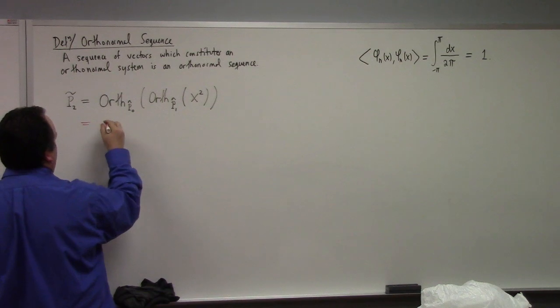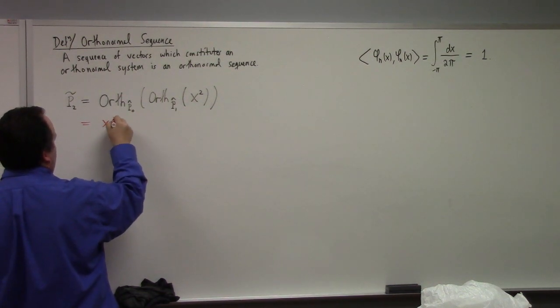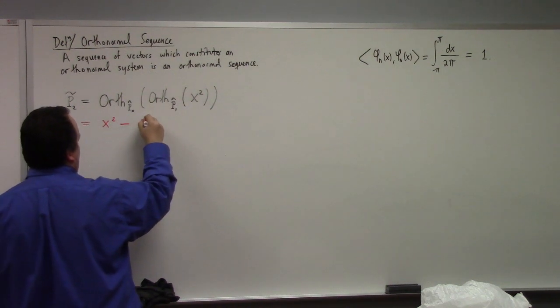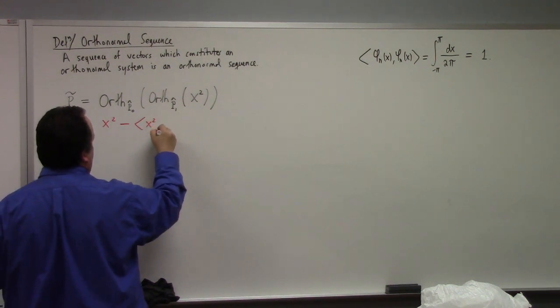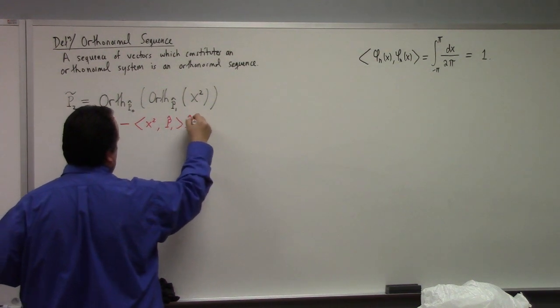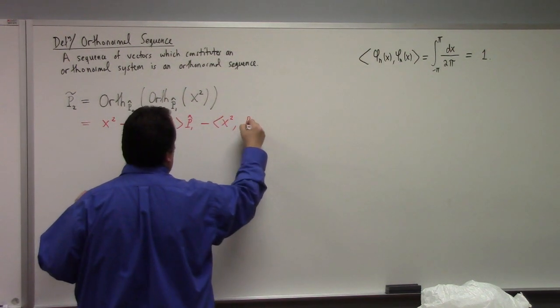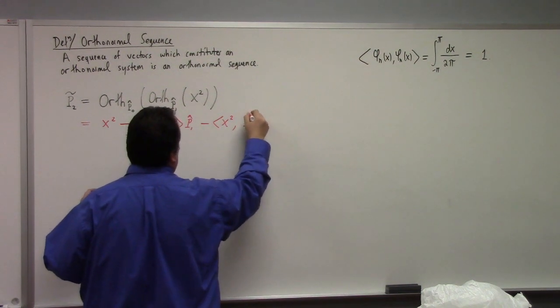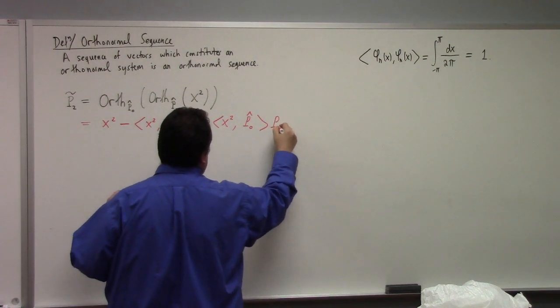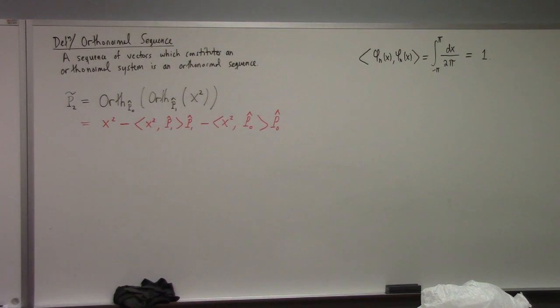So what this works out to is x squared minus the inner product of x squared with p1 hat in the p1 hat direction, minus the inner product of x squared with p0 hat in the p0 hat direction. I subtract those two pieces off. That's how I get a P2 tilde, which will be orthogonal.